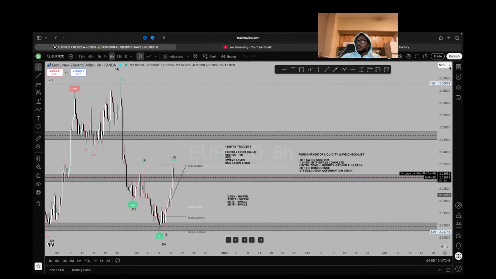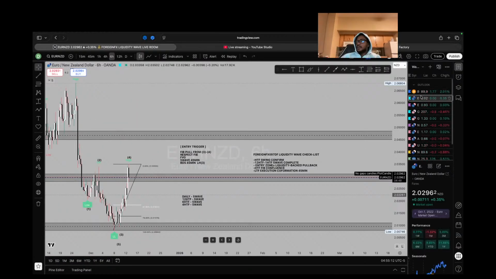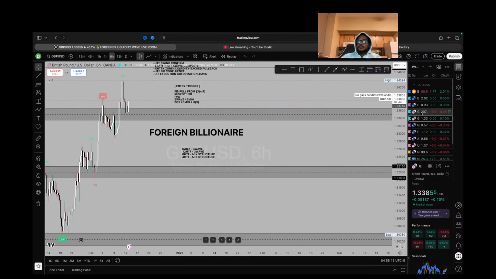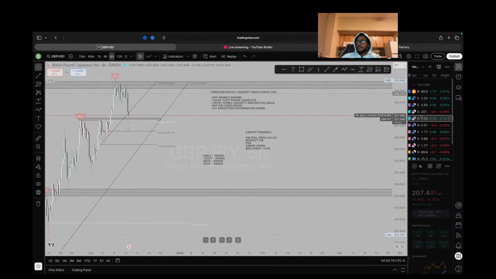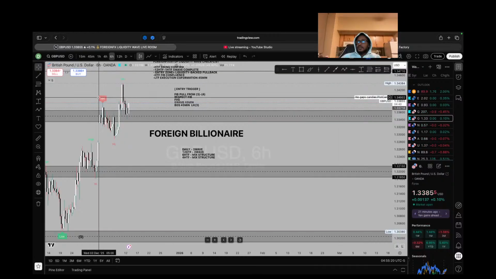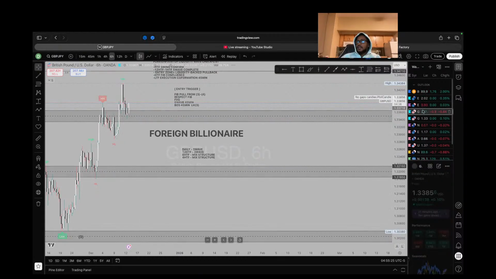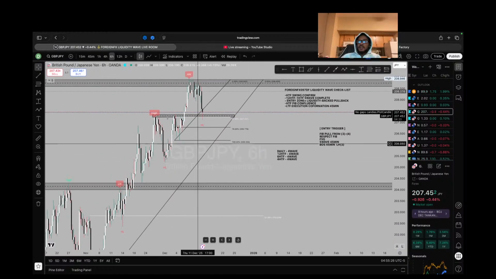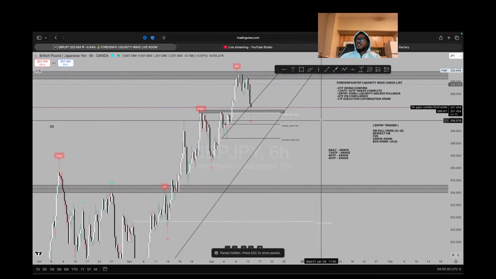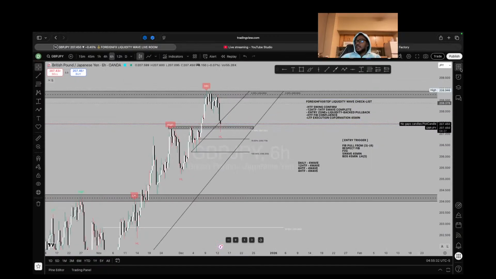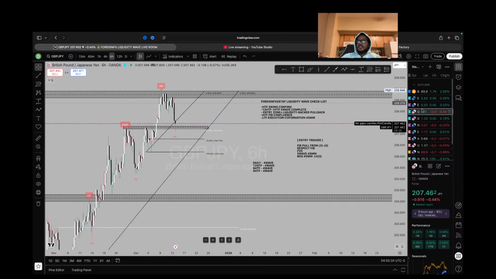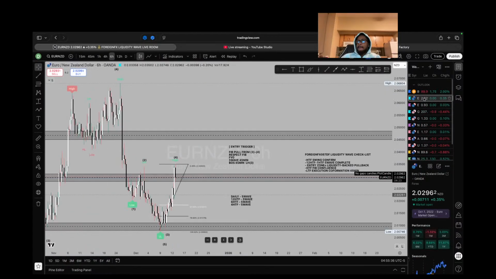I think I put it at the wrong place. Where's GJ? This one, I don't like this one, so GBP USD, I don't like it. So let me focus more on GJ. Let me double check again. So GJ is alright. This not ready as yet.